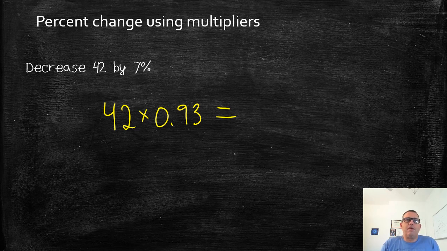Write down your working out before you put it in your calculator. 42 times 0.93 equals 39.06. Okay, look how quick. Multipliers are extremely powerful tools to work out percent change problems. Very powerful tools. So this 0.93, that is what we call our multiplier. Okay, so that's how to use multipliers.